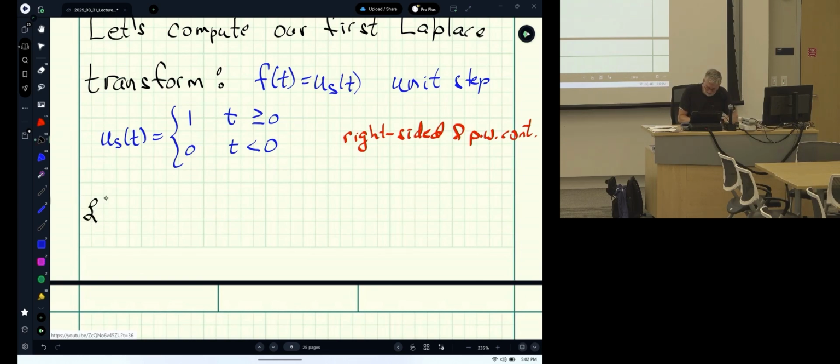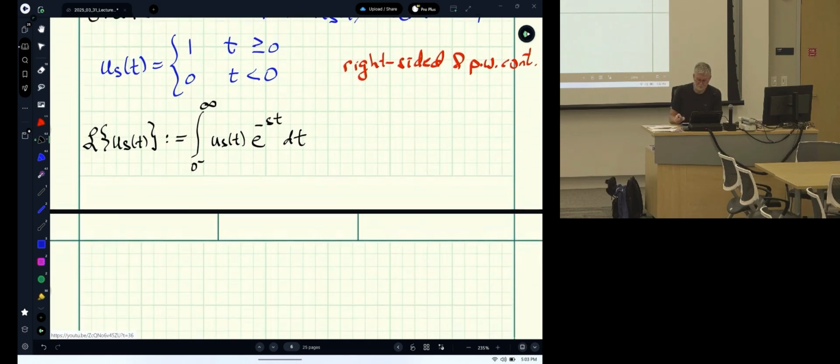So Laplace of unit step of t is by definition equal to this crazy improper integral. Okay, so why are we doing this one first?